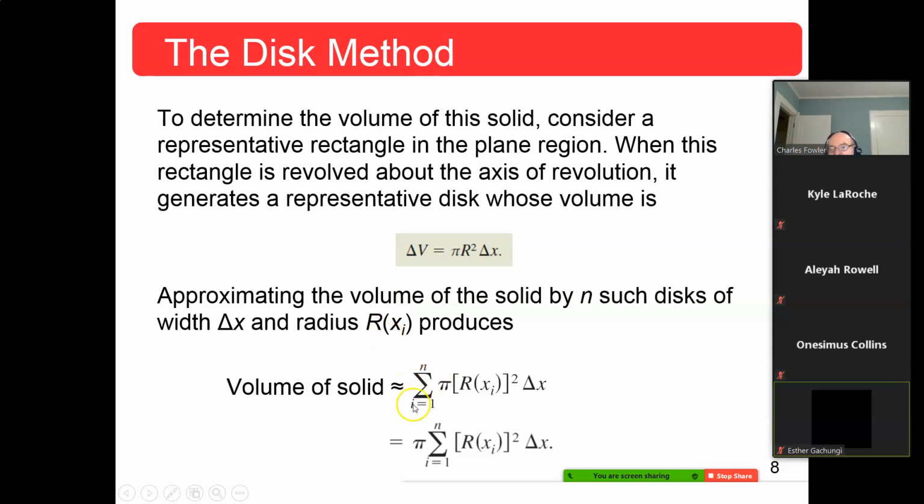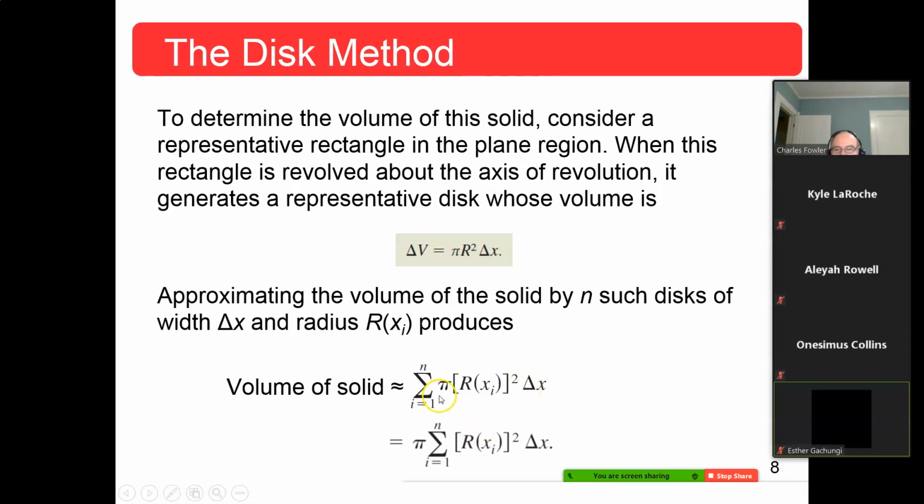It's approximately the sum from i equal to 1 to n, if you have n such disks, of pi times your r of x sub i squared. And every time you move up, the x sub i changes, so your r changes. Okay, so that's why it's a function of x sub i. Then multiply that by your delta x, because all those are the same thickness.